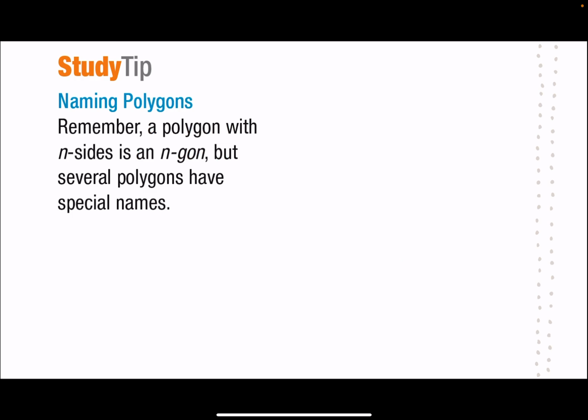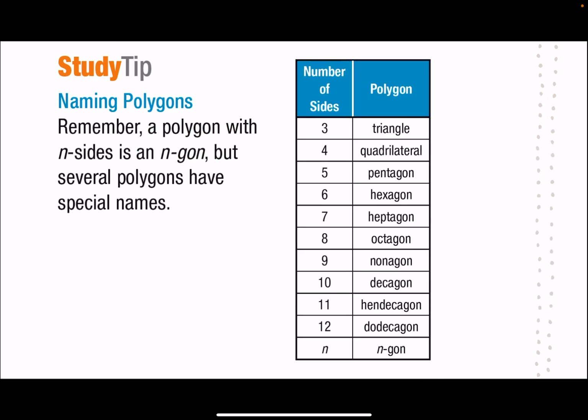All right, quick tip. In order to name your polygons, it's just n sides, it's an n-gon. If you want to pause it, take a picture of this, keep it for your reference, however you want to do this, you can. So here's penta, meaning 5, hexa right here being 6, hepta 7, octa 8, nona, deca.